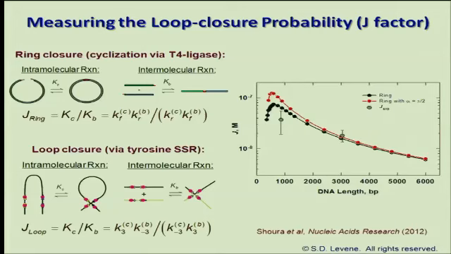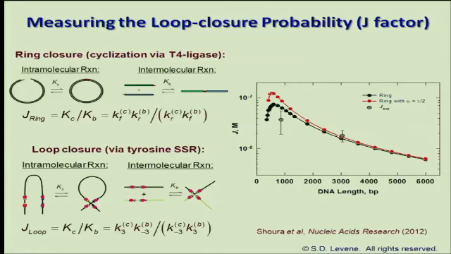But we can compare at least with values of the J factor for cyclization. In fact, since we're dealing with relatively large loops here, and the capture radius for the enzyme is probably small compared with the size of the loop, that's not an unreasonable comparison.